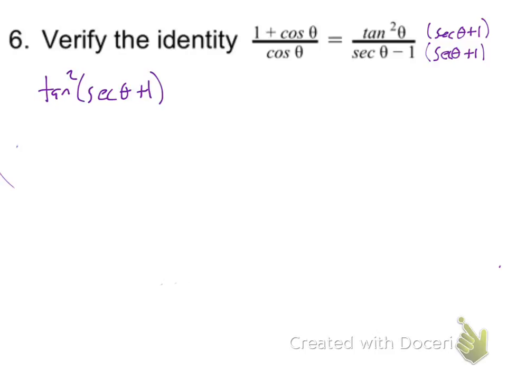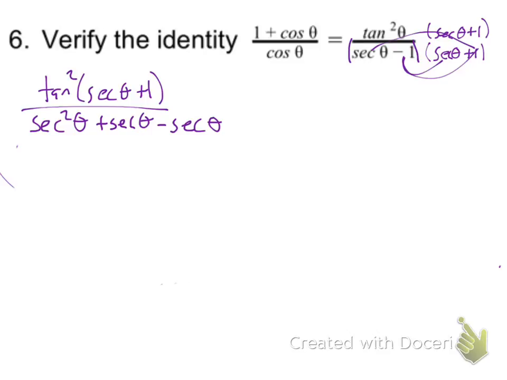The denominator now I have to FOIL. Secant theta times secant theta is secant squared theta. Then secant times 1 is secant theta. Negative 1 times secant is minus secant theta. And negative 1 times 1 is minus 1.